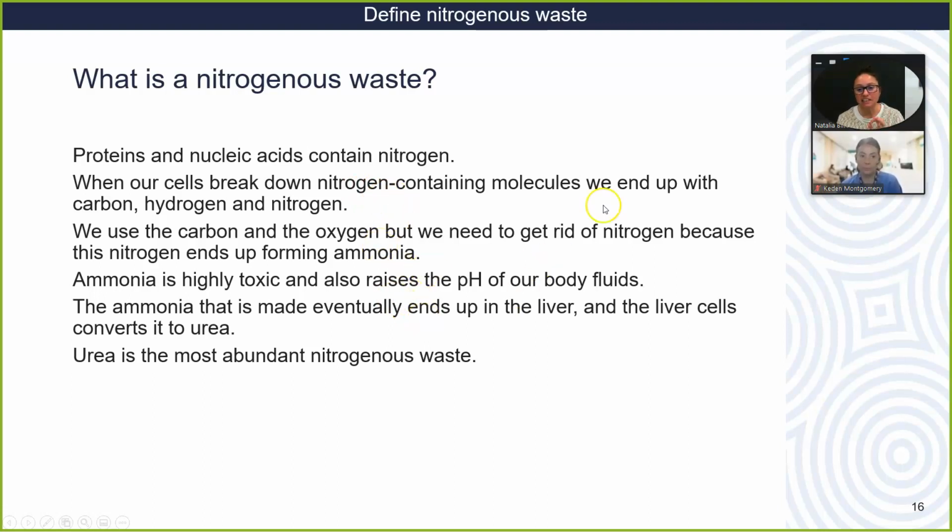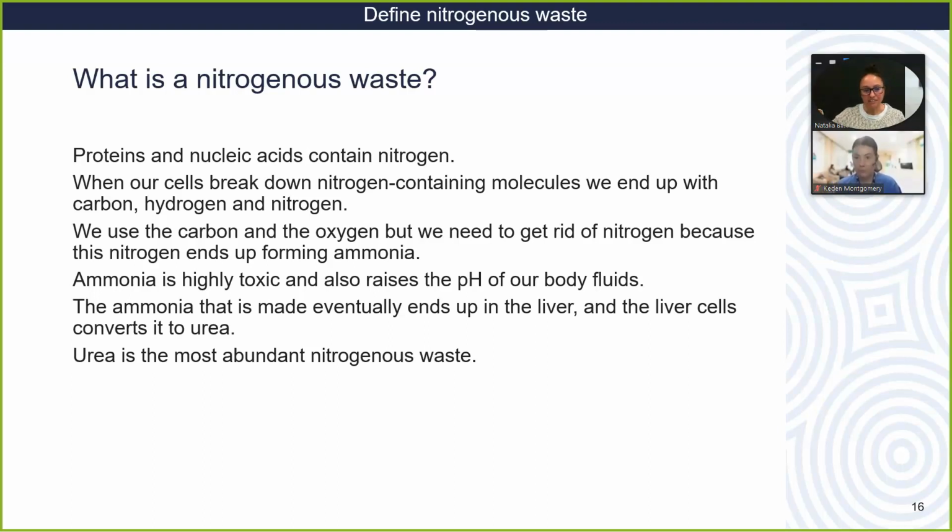Now, we need to get rid of nitrogen because nitrogen ends up forming ammonia. Okay, so we're breaking down a protein. We end up with things that we use and we end up with waste. Waste is nitrogen. Nitrogen is a problem because it makes ammonia. Ammonia is toxic, which means that it kills cells and it messes around with our pH.